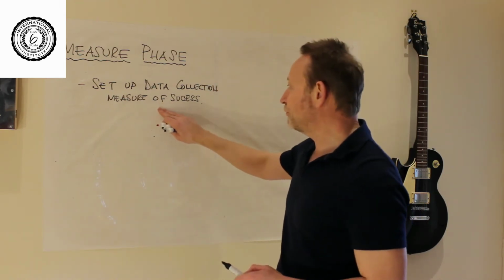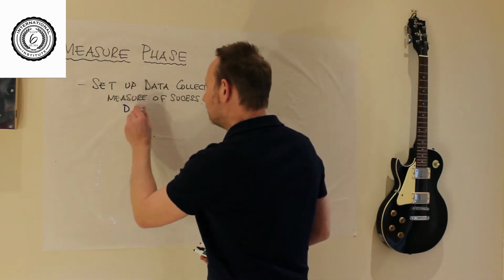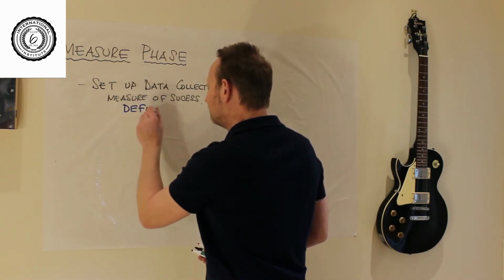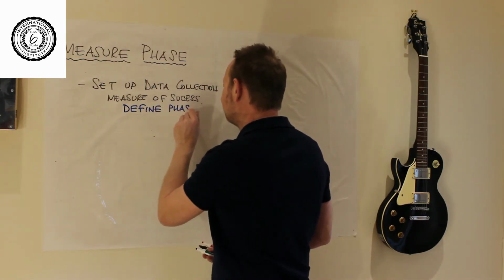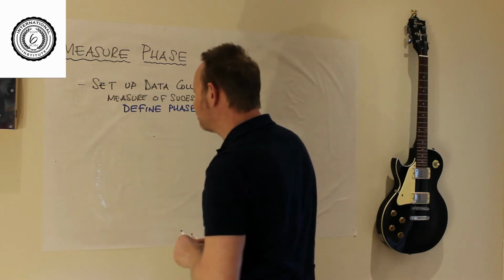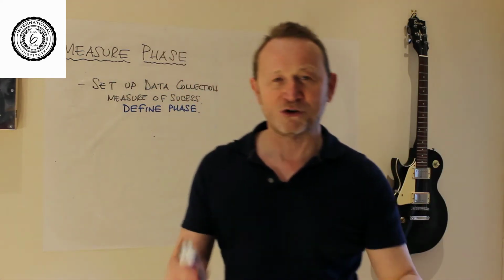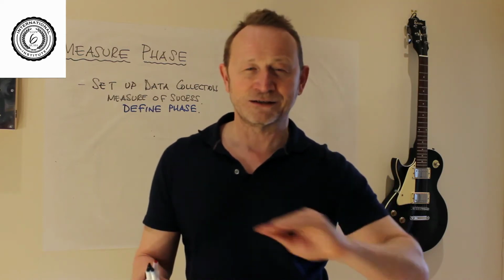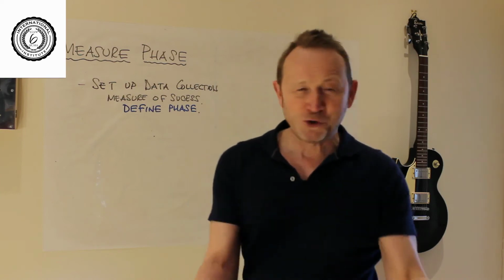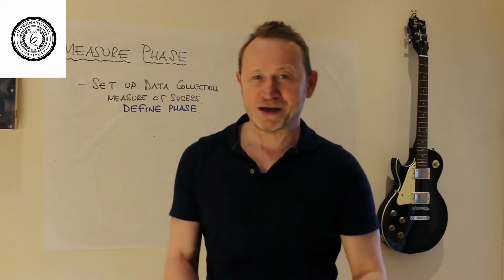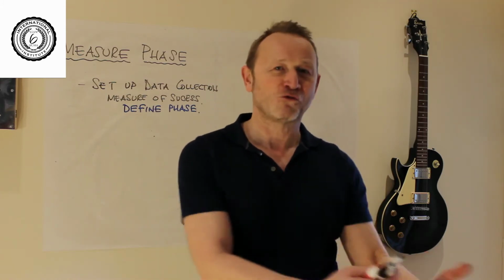Now this would have got done, really, in the define phase. So it's back to what I've said before, that define, measure, analyze, improve and control isn't really linear, because you just have to do good work in the five areas. It doesn't make any sense for it to be linear, because really you have to measure before you can define.